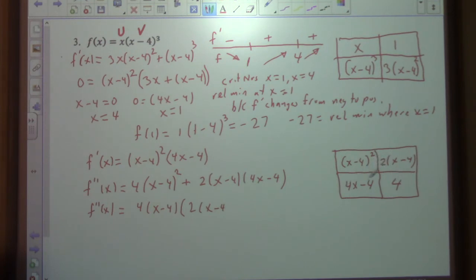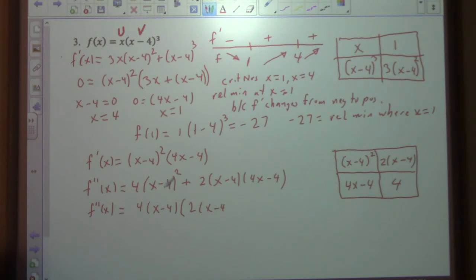Plus this times this. So over here is this times this, and over here is this times this. And so now our common factor between these two is this x minus 4.